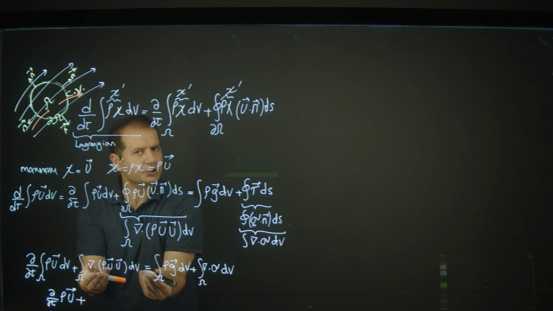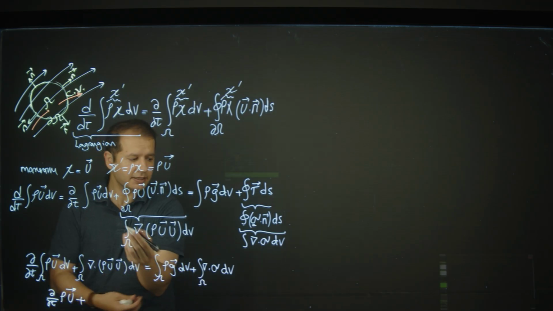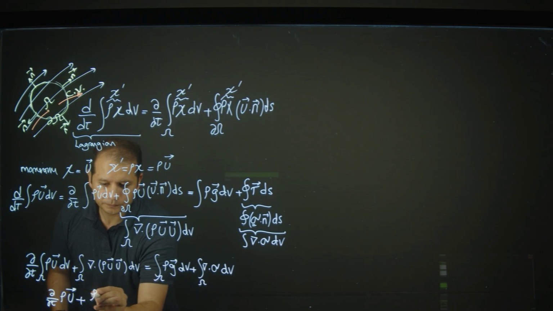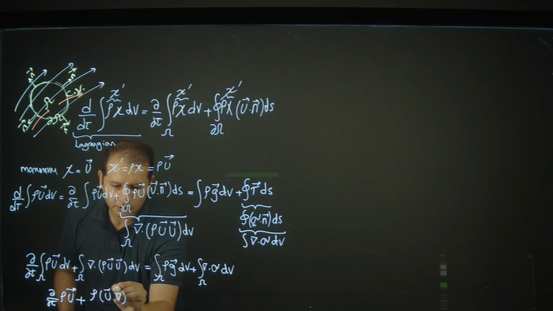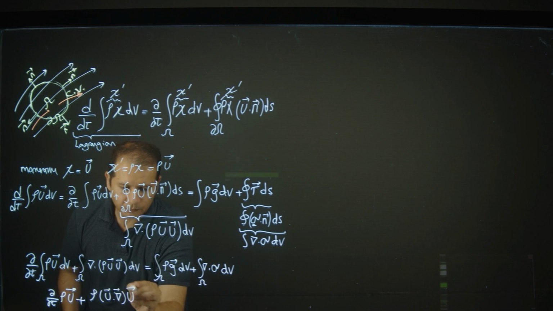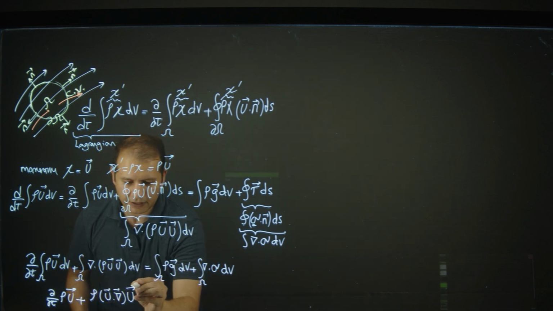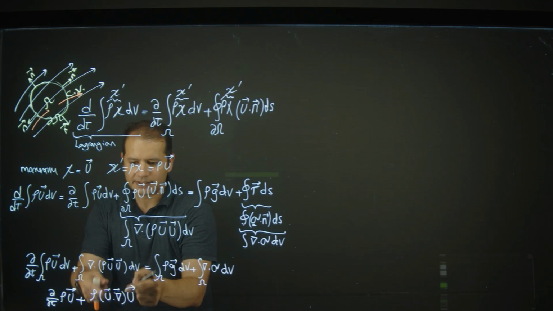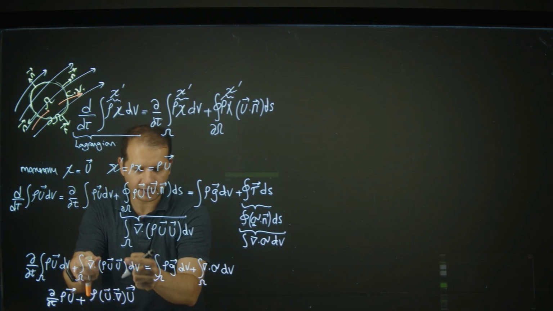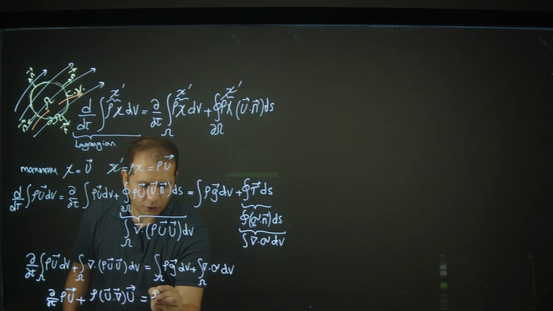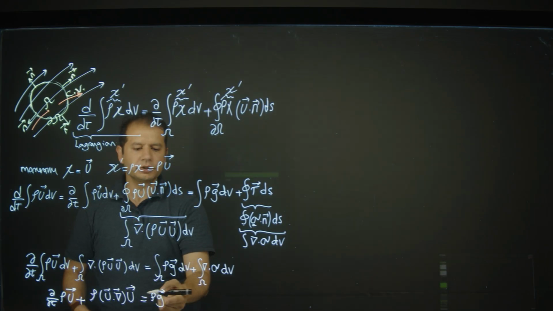I can write a divergence of rho u, that's fine. It's also very common to write it as rho and then u dot nabla operator times u. That's much more intuitive, and you will learn soon why. That's mathematically the very same as the other one. It is equal to rho g in a vectorial way.